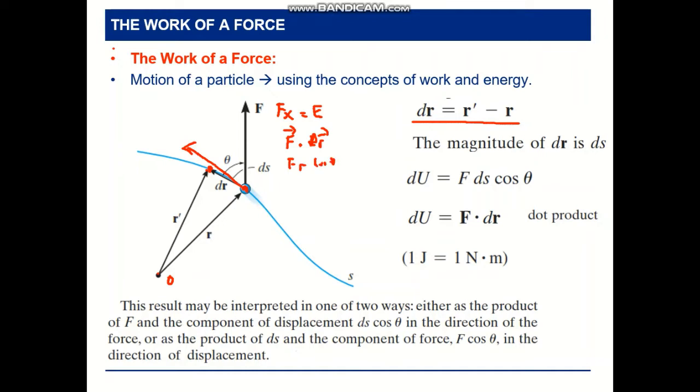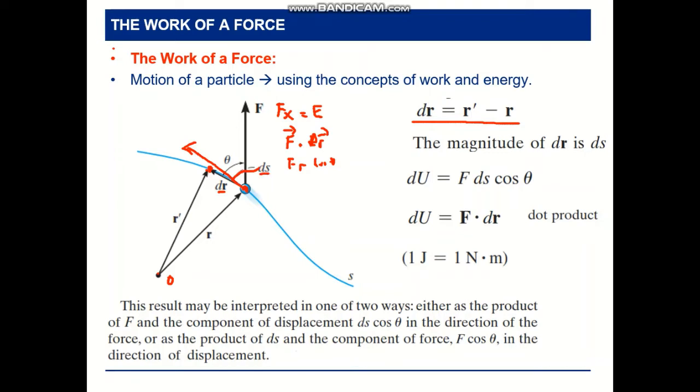So in an infinitesimal portion, let's say we have a dr, and the change in path magnitude is ds.